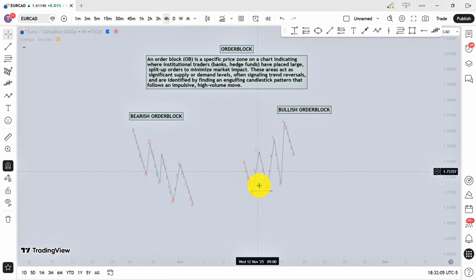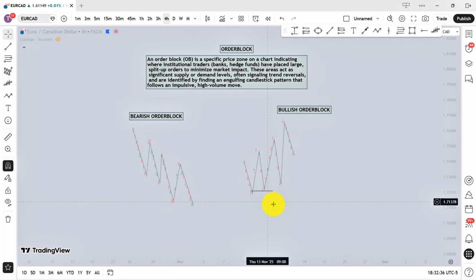So if you are looking to take a trade, you wait for price to expand, break above the previous high created, and come back into the last bearish candle. So a bullish order block is the last bearish candle before the reversal. That's just the basic explanation for it.